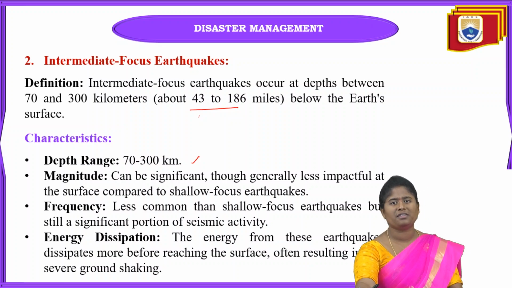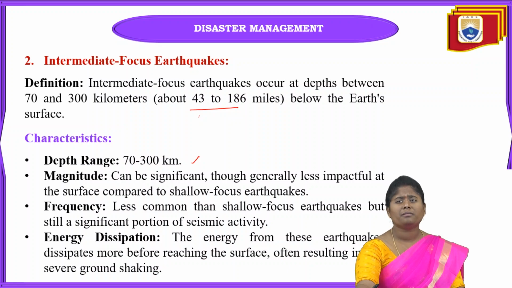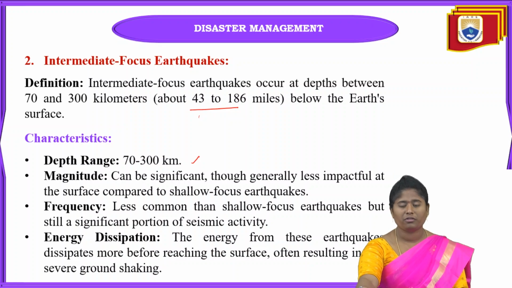Next, energy dissipation. In this one, when these earthquakes occur, there will be a huge loss of energy before it reaches the earth surface. Why? Because there will be overall ground shaking of that area.